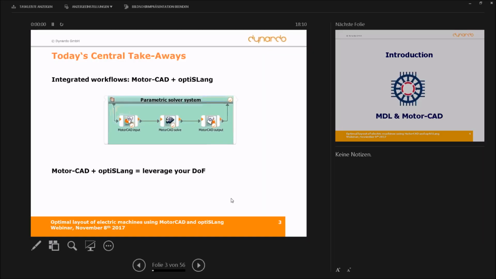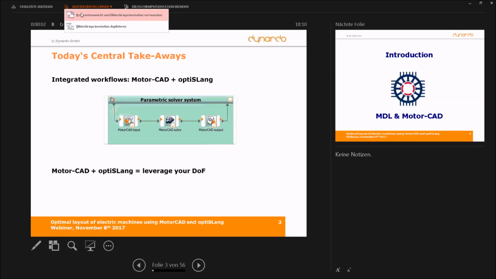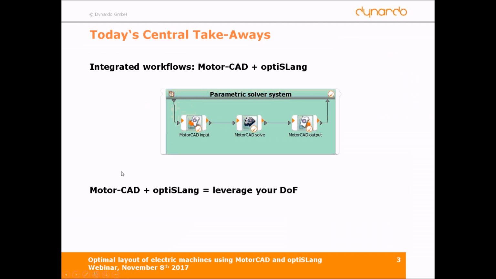The integration of the two programs: once you have it set up, you can conduct optiSLang-driven design variation studies, optimizations and robustness evaluations, and you can explore your design space much more efficiently.